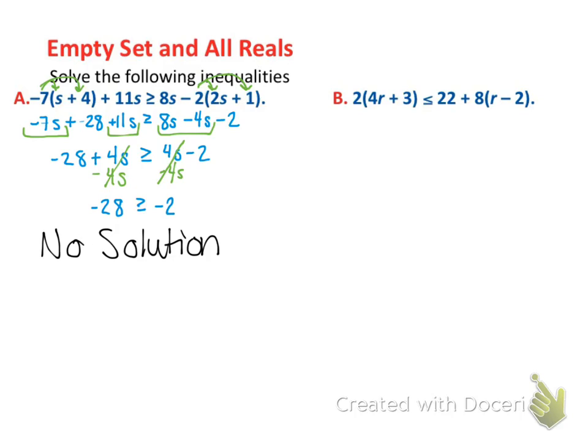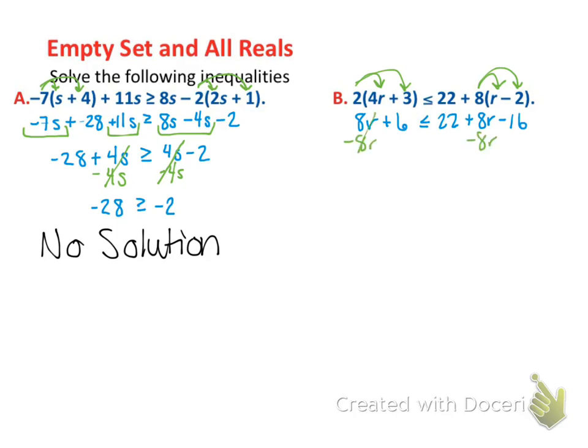All right, let's try this one. And I bet you can guess it's going to be all reals or infinite solutions, but let's solve it and make sure. So again, we've got some distributing going on. Always do the distributing first. So that's going to give me 8r plus 6 is less than or equal to 22 plus 8r minus 16. Let's get all variables to the same side.